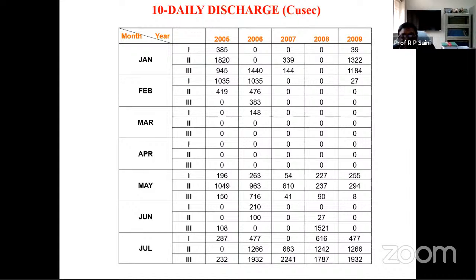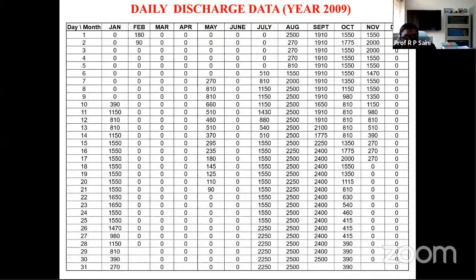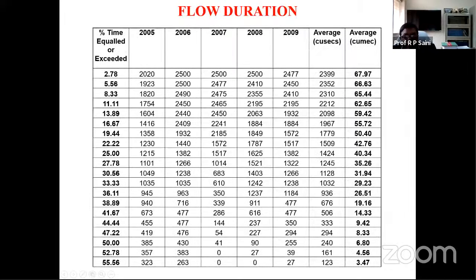So now what you have to do? In 1 year, that means 3, 3, 3, and the 3 here, so total 36 values. And for each year, 2004 and so on, just do this exercise. It's a simple exercise in the table. Then finally, next you put those 36 values in descending order.